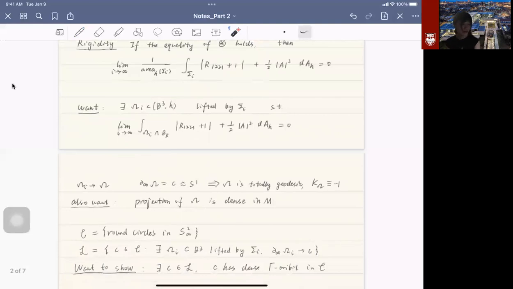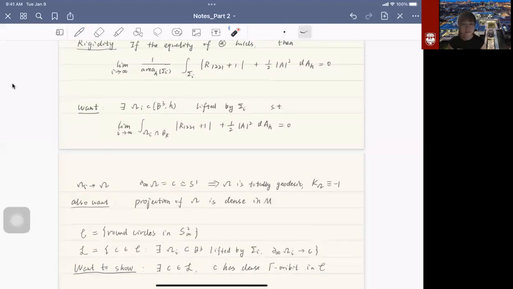Okay, when we have this result, we can take the limit of omega I. It converges to another disk, omega. And because omega I has boundary 1 plus 1 over I quasi-circle, for the limit omega, its boundary must be a round circle C.